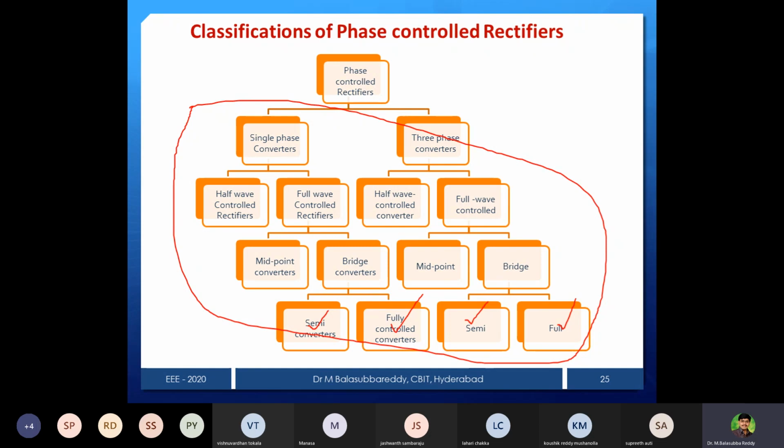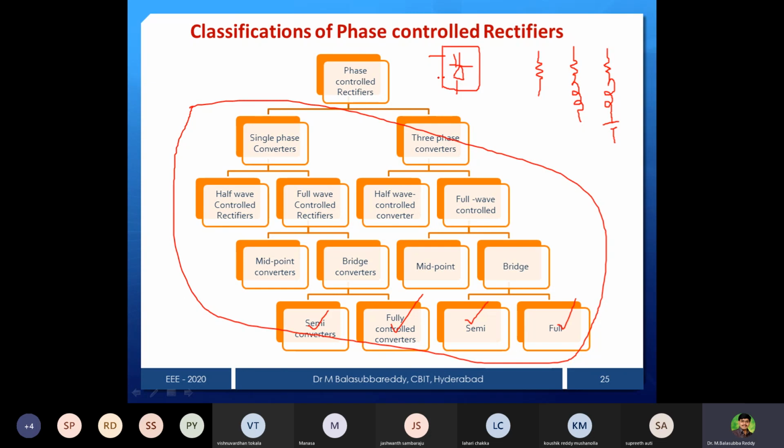Here the load may be R load, because in our syllabus itself they mention different loads. So R load, maybe RL load, or maybe RLE load, like this. So the controller is any of the controllers. It may be half or full or semi or anything. Let this one be a controller.